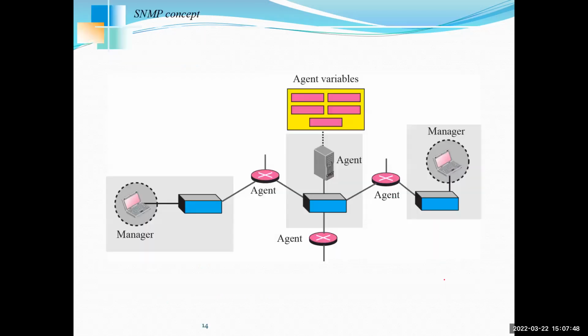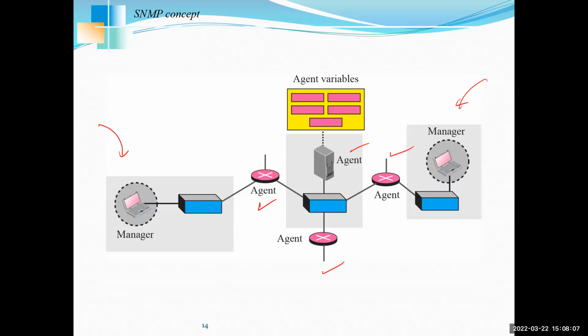You will actually get to see that in the lab. Here's an example. You've got some agents on the routers, on the servers, and then you have a couple of laptops that run the Cacti software, which is the manager for our particular scenario this week.